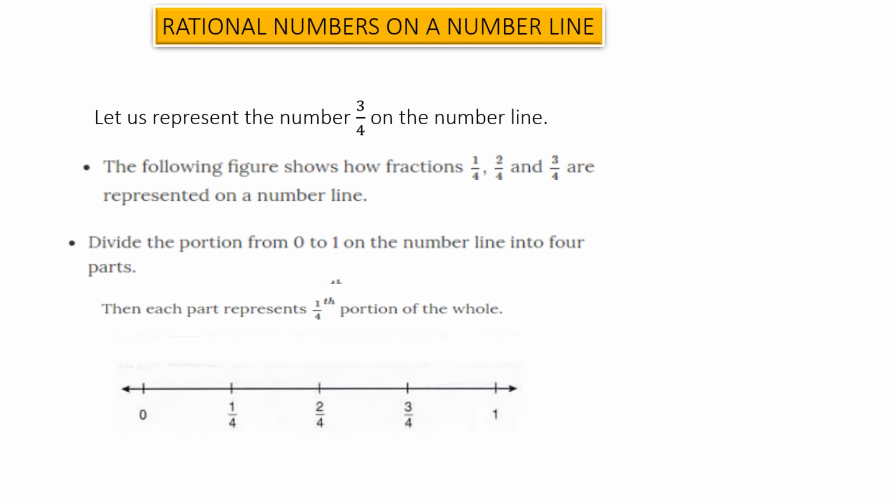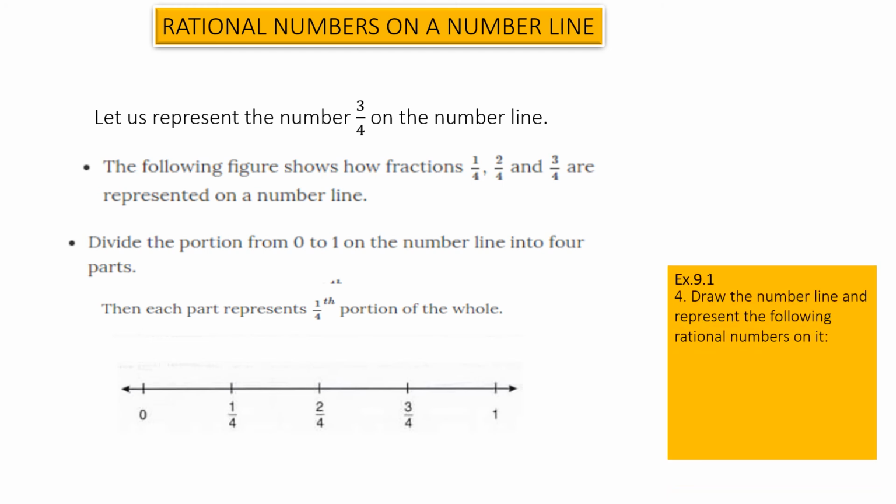Similarly, you can do exercise 9.1 question number 4. Draw the number line and represent the following rational numbers on it. Let us discuss the second question. Negative 5 by 8. How will you represent negative 5 by 8? Negative 5 by 8 is a proper fraction that lies between 0 and negative 1. Therefore, you need to divide 0 to negative 1 into 8 equal parts because the denominator is 8.